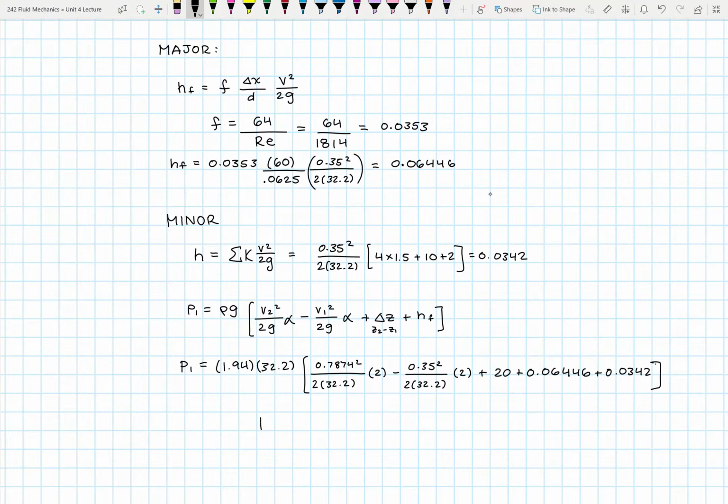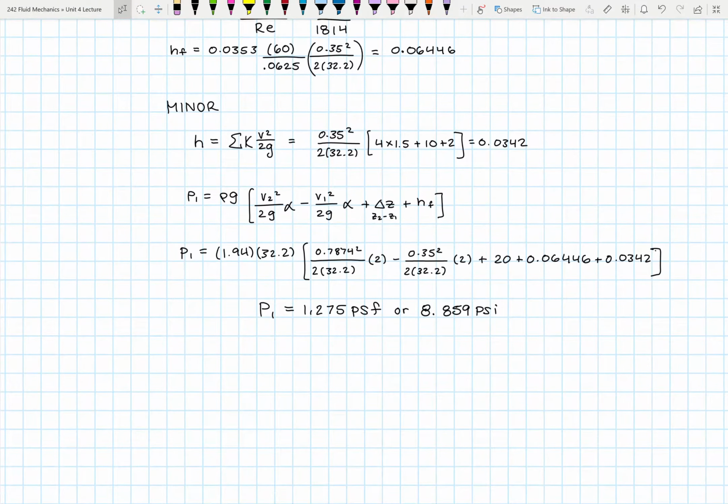Alright. And once you plug all that into your calculator, you'll find that the pressure at our inlet is going to be 1,275 psf, or about 8.859 psi.